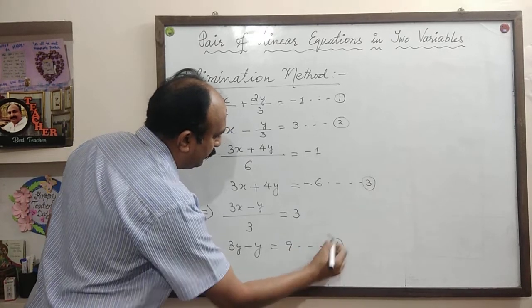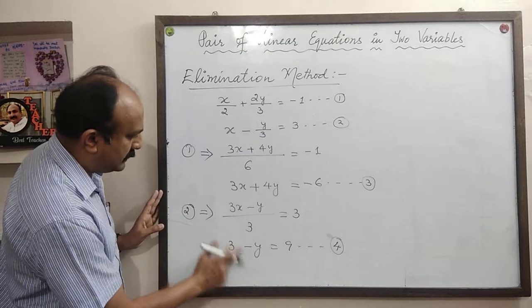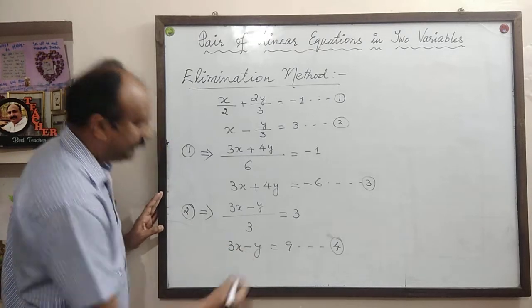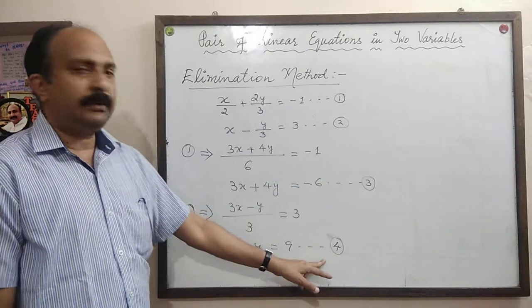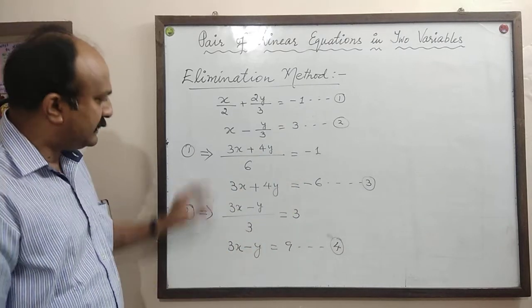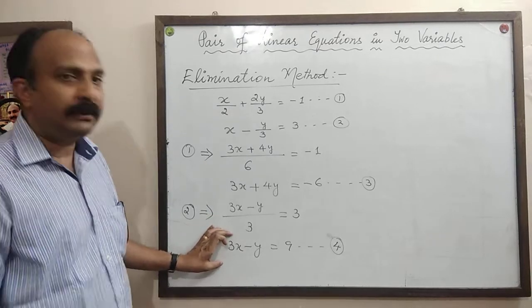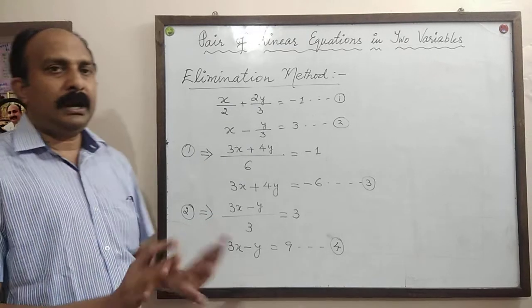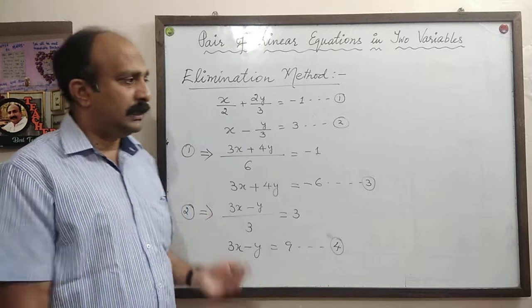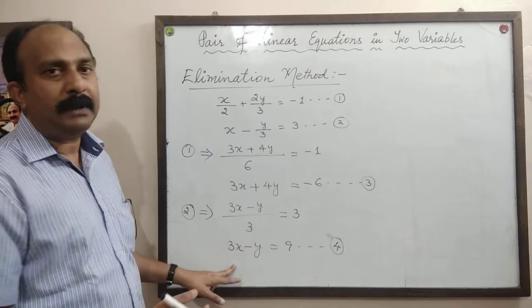Equation number 4. Comparing equation number 3 and equation number 4, you can see here we have the first term 3x. Here also we have the first term 3x. So now, no further multiplication. Only write both the equations one below the other and subtract.